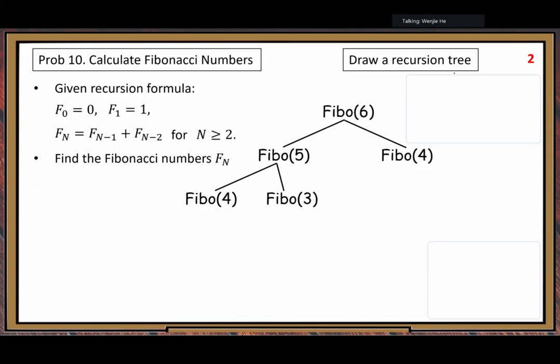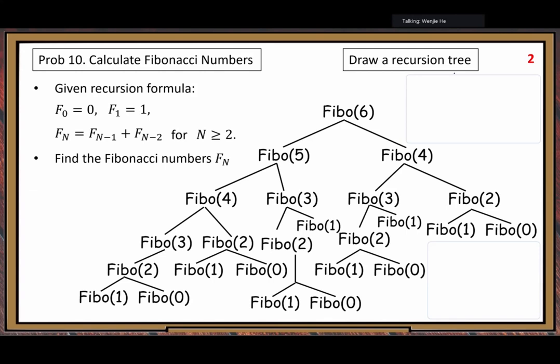Similarly, we need Fibonacci of 3 and 2, also unknown, so we push them into the stack. Keep doing that at all the levels until we reach the bottom, when we hit these two known numbers. Then we can stop and are ready to do the calculation.